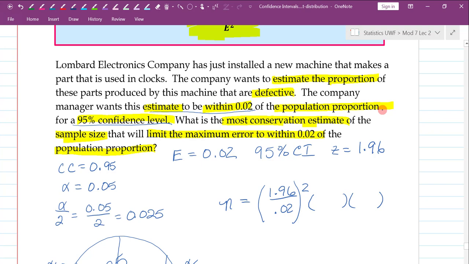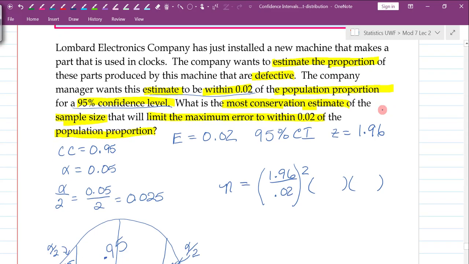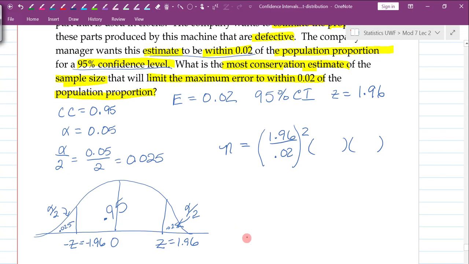So when we have no idea and nothing to start with, the worst case scenario is we let p equal 0.5, therefore q is equal to 0.5. That is the worst case scenario. It gives us the largest sample size that will meet these requirements. Okay, so in here, because we have no prior knowledge, we're going to put 0.5, 0.5.